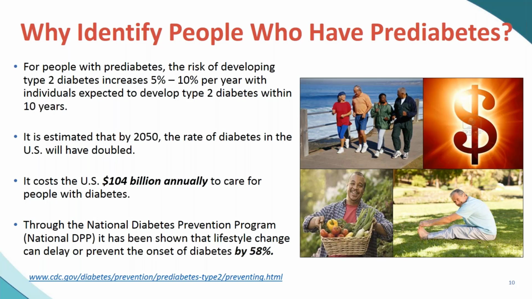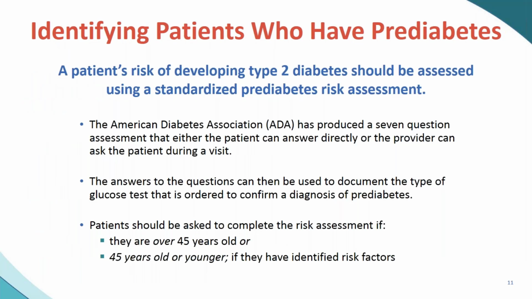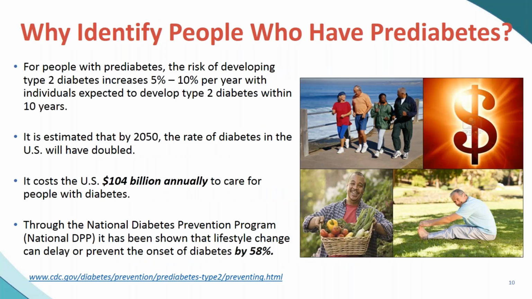And so one of the things that we saw in the regs, and we're going to look at it in a second, let me see if it's on this next slide. No, I'll come back to it. But in the regulations that were passed last year, there was a whole long section about diabetes prevention programs and how CMS was going to fund it, and they were just so excited about it.